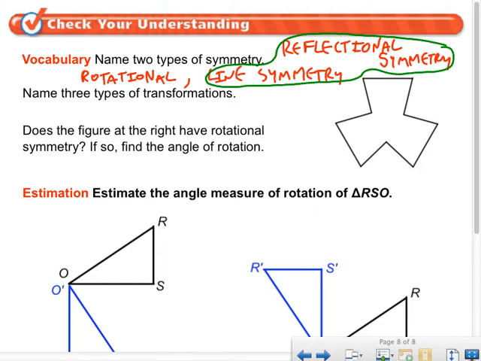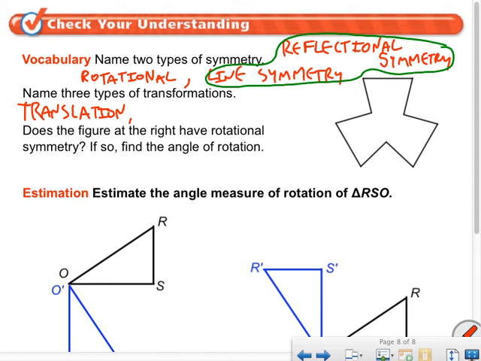Name 3 types of transformations. What are the 3 types of transformations? Give me one. Translation, that's a slide. Translation, that's the first one we learned. What's the second one we learned? Who's got this one? Thalia, do you remember the second transformation we learned? We just learned it at the end of last week, and we had a quiz over it.